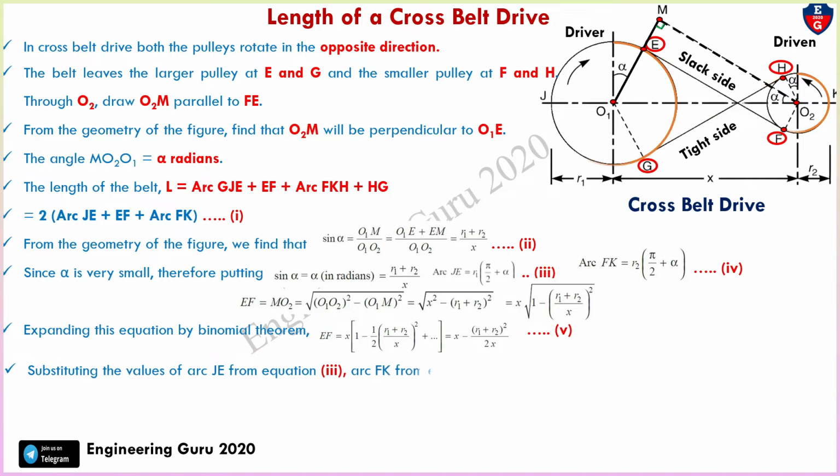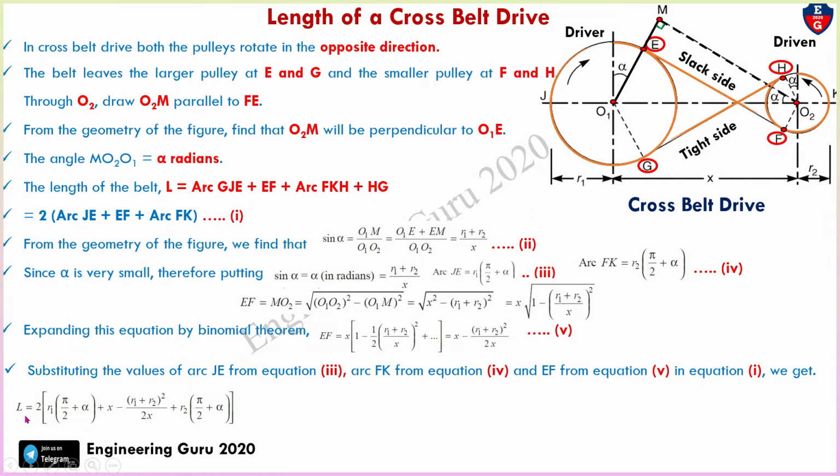Substituting the value of arc JE from equation number 3, arc FK from equation number 4, and EF from equation number 5 in equation number 1. So this is our main equation. Put all the values of arc JE, EF and arc FK from these equations.